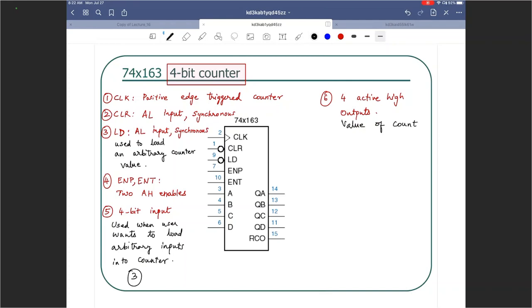And I should also point out that QA is the least significant bit and QD is the most significant bit of the counter.